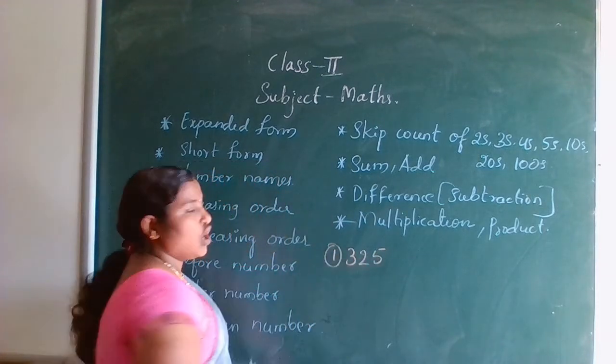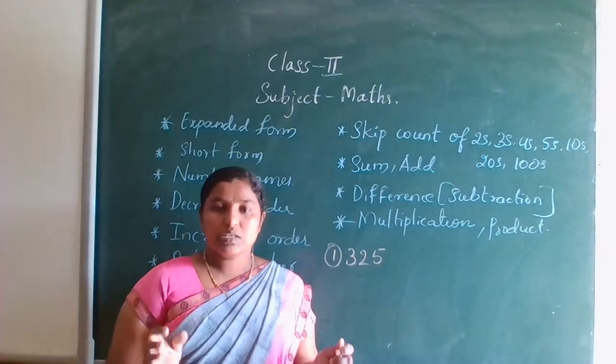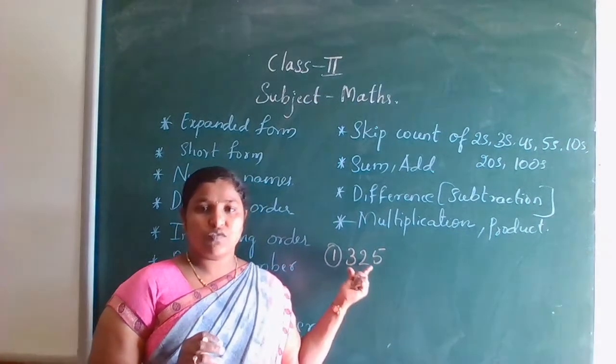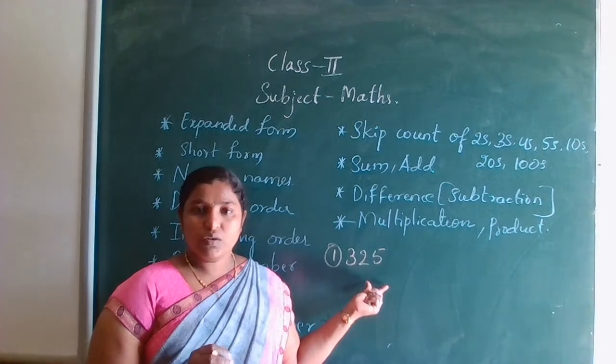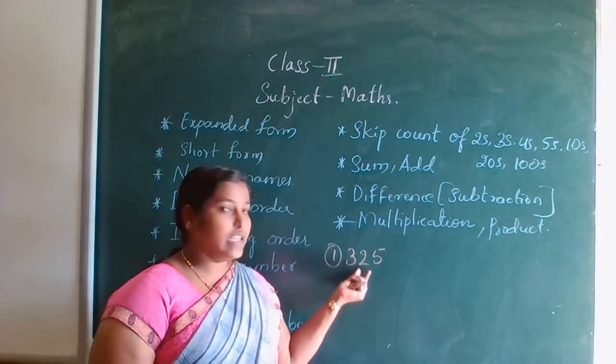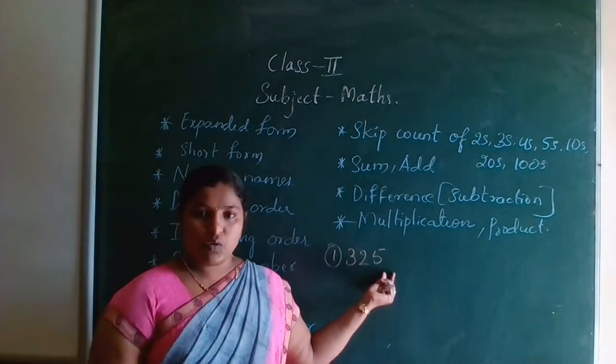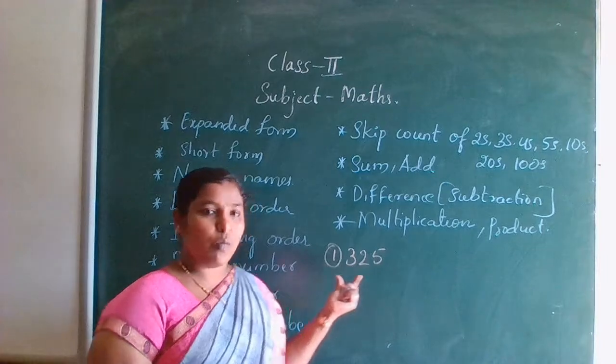This is the short form. Whatever number we see, numerals, that is known as short form. According to the places we should read it: ones, tens, hundreds, 325. This is short form.